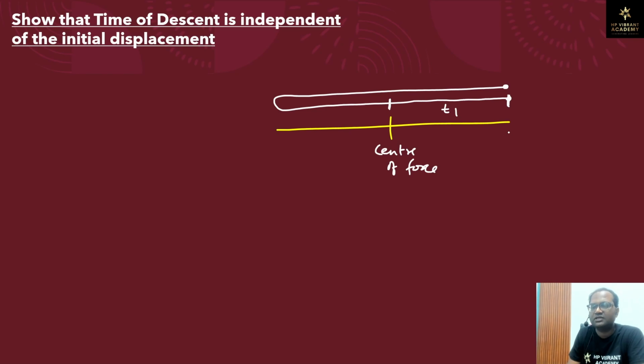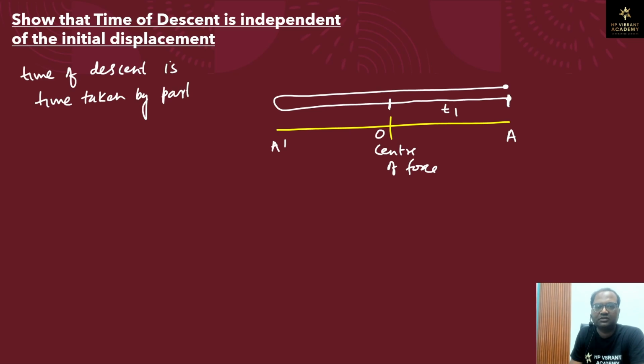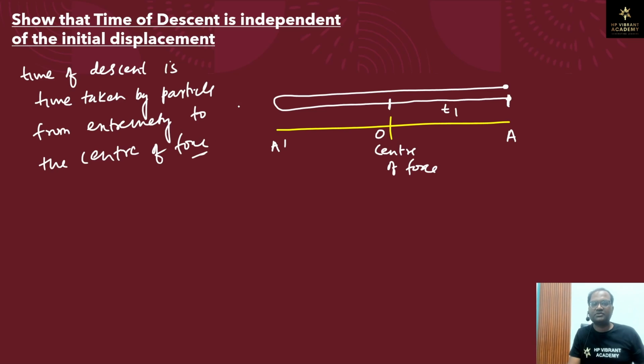Let us take this as A, this as O and this as A dash. Time of descent is the time taken by the particle from the extremity to the center of force. That is the time of descent, T1.